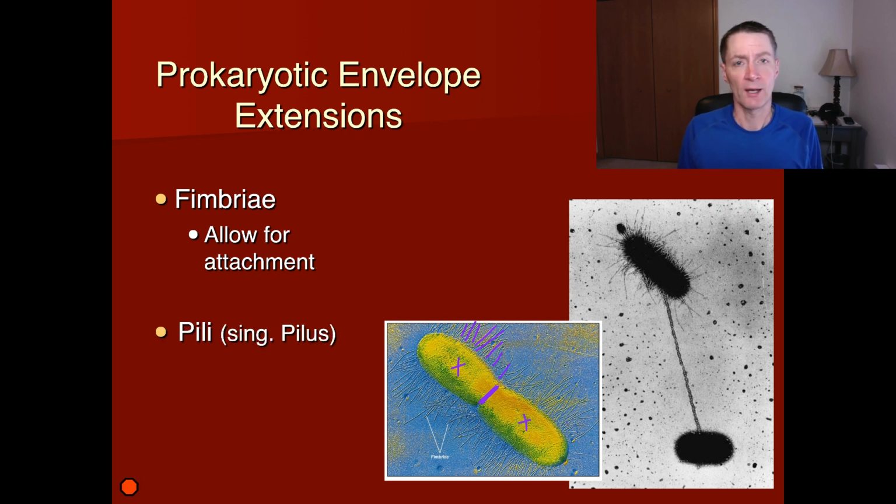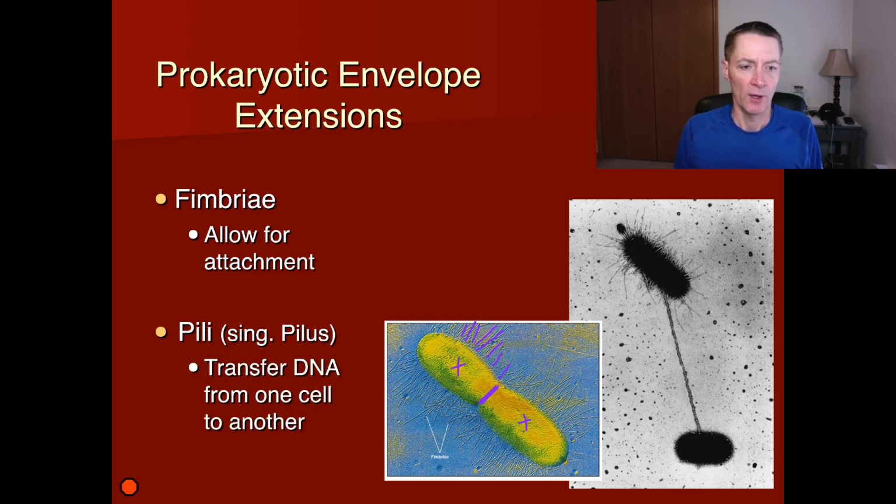Now, another kind of extension that you could talk about are pili, or singular, a pilus. These are like a little cylinder that connects two cells to one another. If we look here, we use green. Way over here on the right side, you can see this kind of hollow cylinder. All the way through here, you could have the movement of actual genetic material.